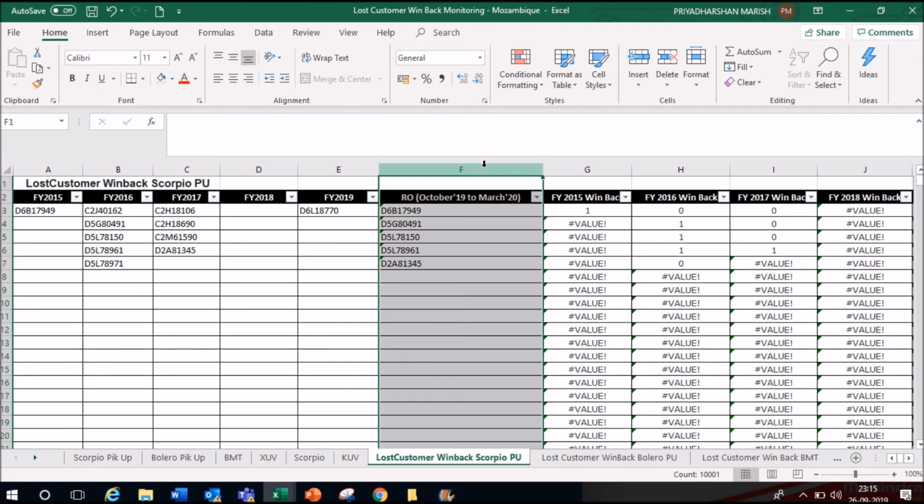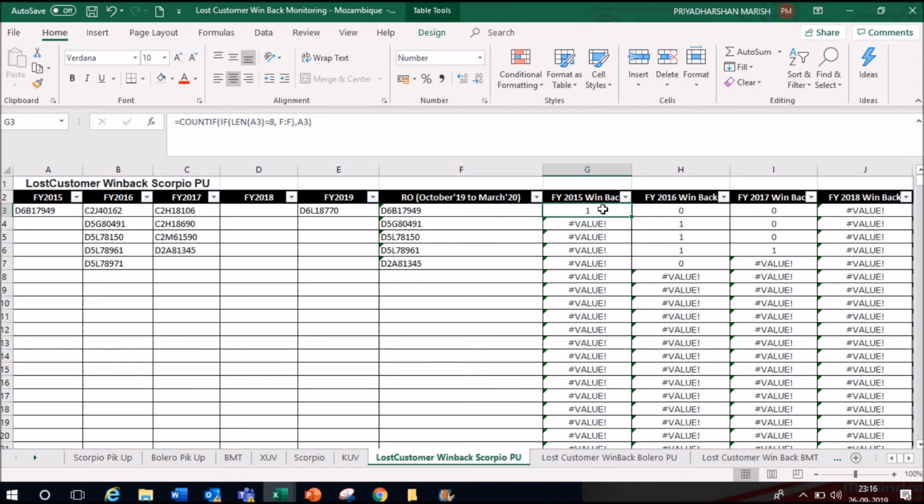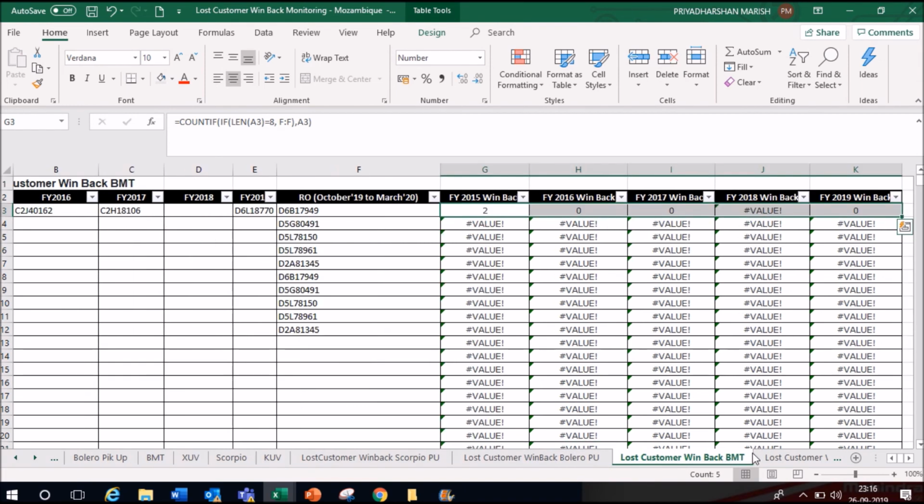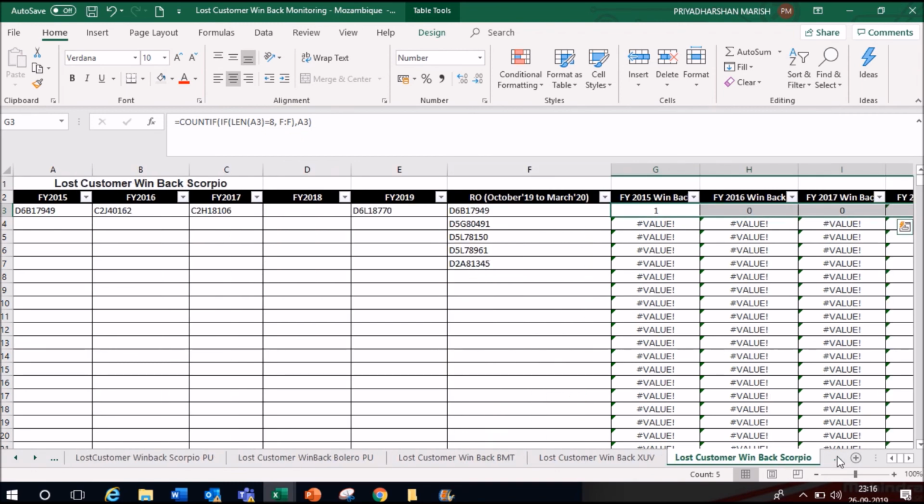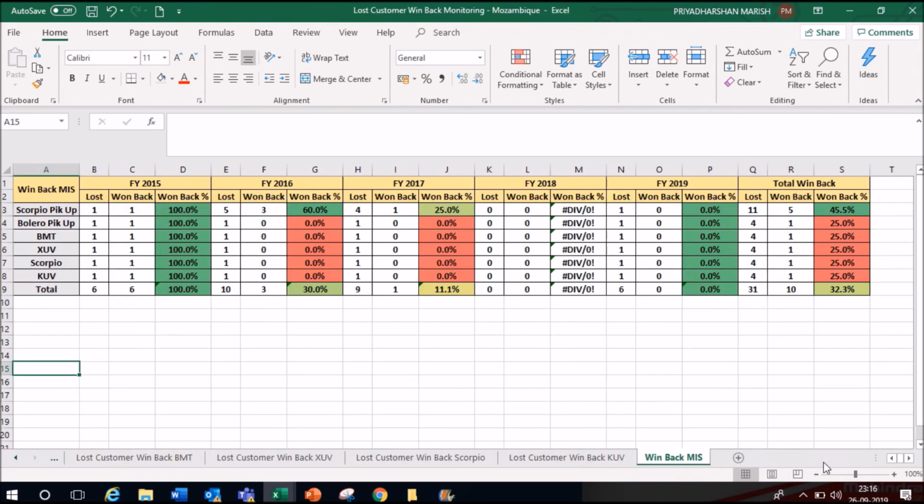The difference being that here you would be filling only the repair order data from October 19 to March 20. And as you fill in the win back, that is the number of times the particular lost customer has reported to you, it would henceforth populate for all the models, for all the years. And finally, you would have a win back MIS.